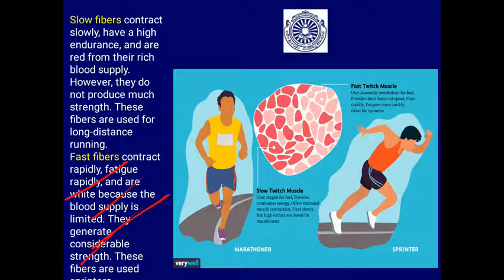Regular exercise will develop fibers that contract slowly, have high endurance, and are rich in blood supply. These slow fibers are required for marathon running and all. So these are called the slow fibers.